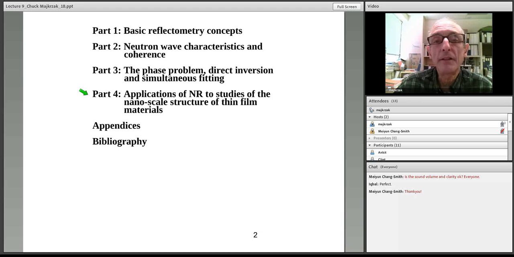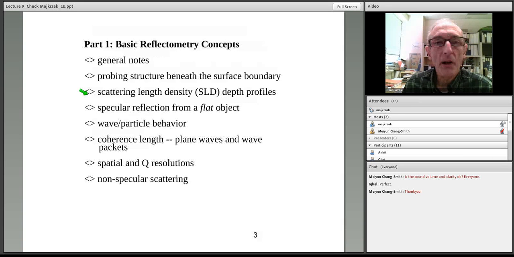The big difference is that for almost all materials studied with X-rays, we need to take into account a much larger absorption. So there will be an imaginary part to the scattering length density, which we'll discuss as we go along. Okay, so let's begin part 1.